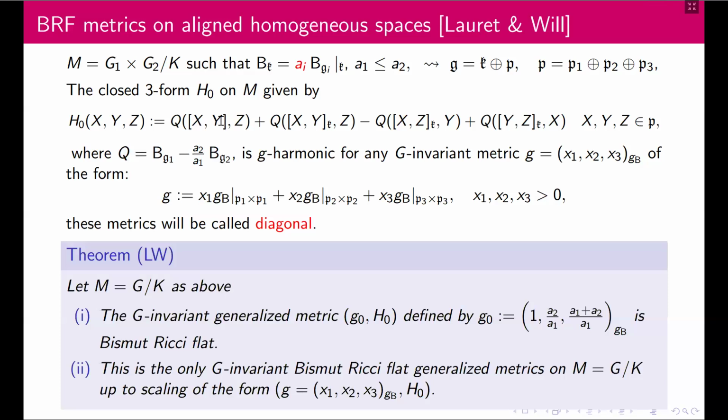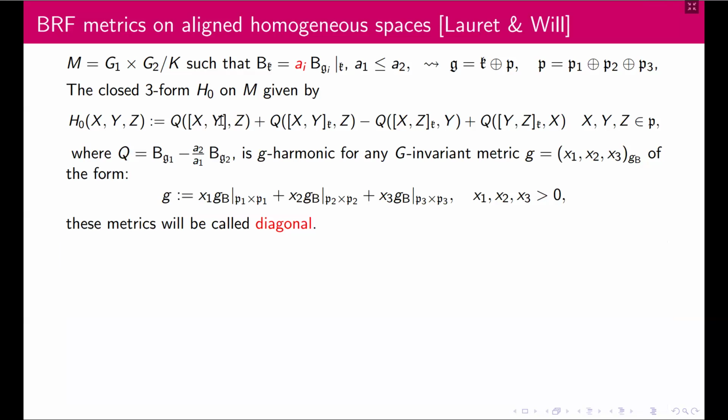H0 is defined as this, and here this is the projection of the Lie bracket into K. We obtain that this three-form is g-harmonic for any Ad K-invariant metric of this form. We are going to call these metrics diagonal because they have a factor on each restriction of the standard metric into each Ad K-invariant subspace of P.